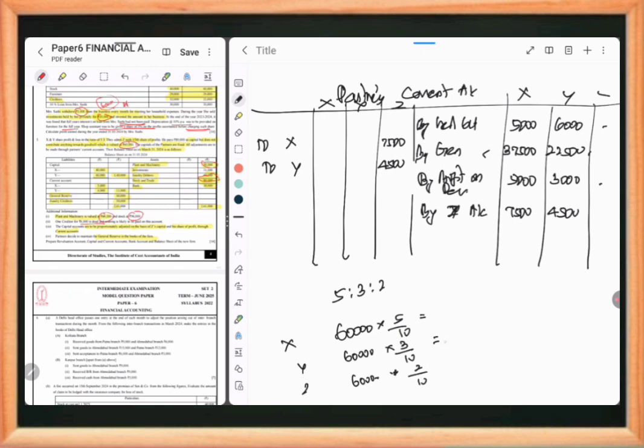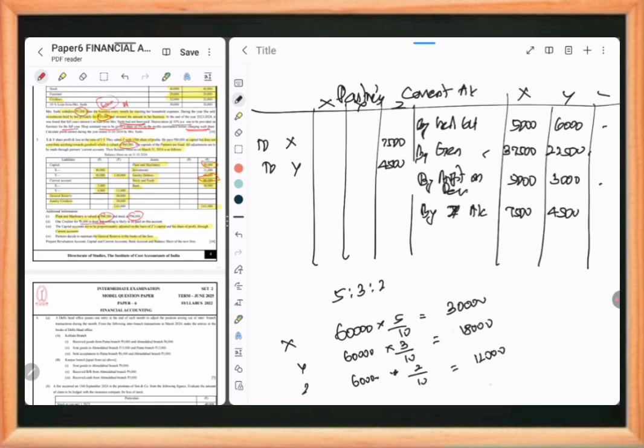So how much here? 60,000 divided by 10 into 5, that is 30,000. It is for here 18,000. Here 12,000.